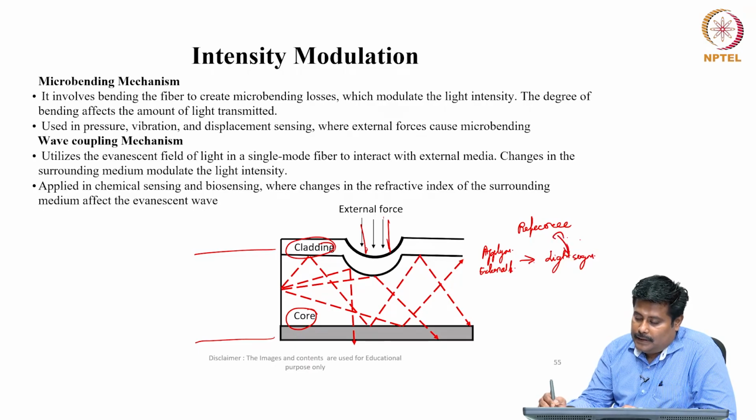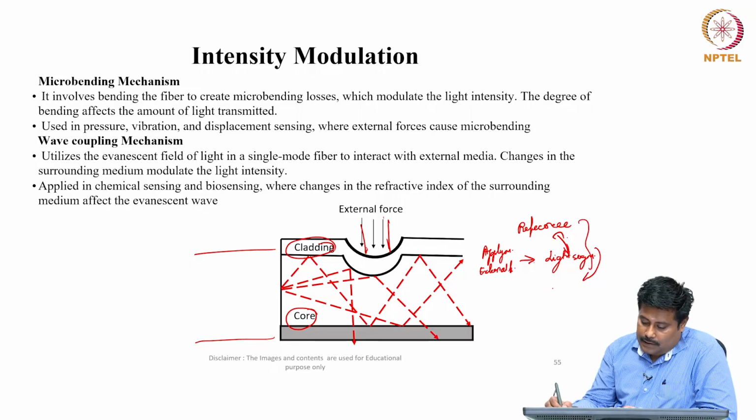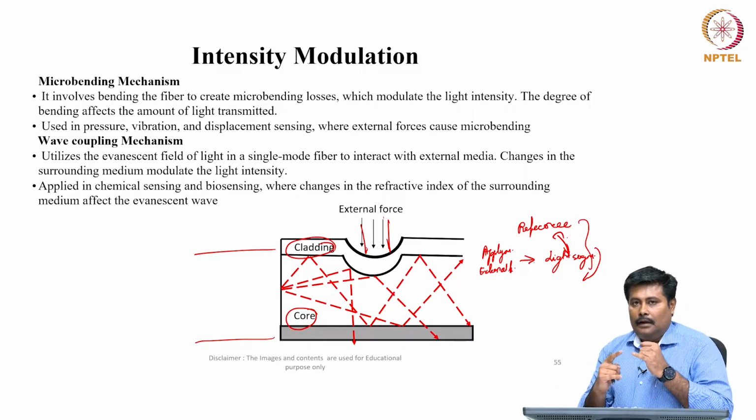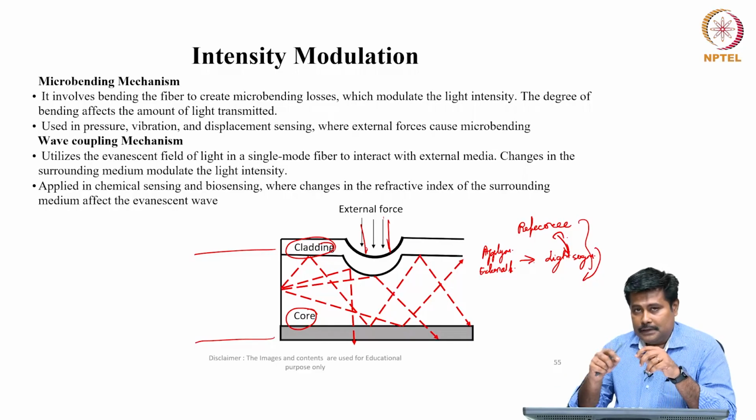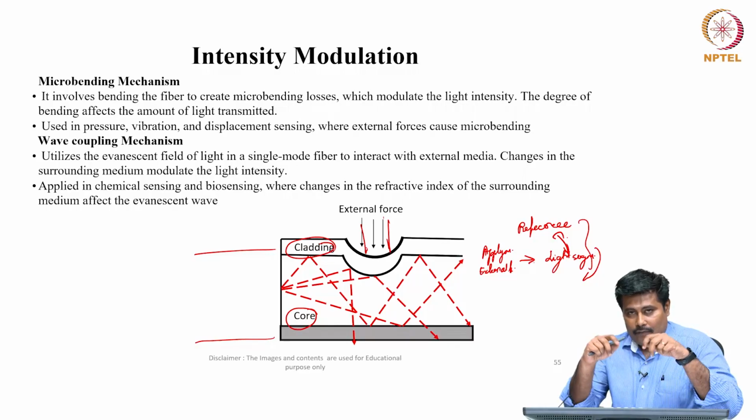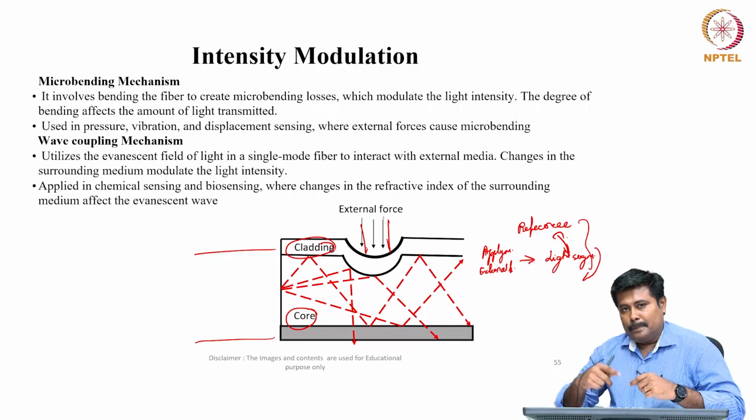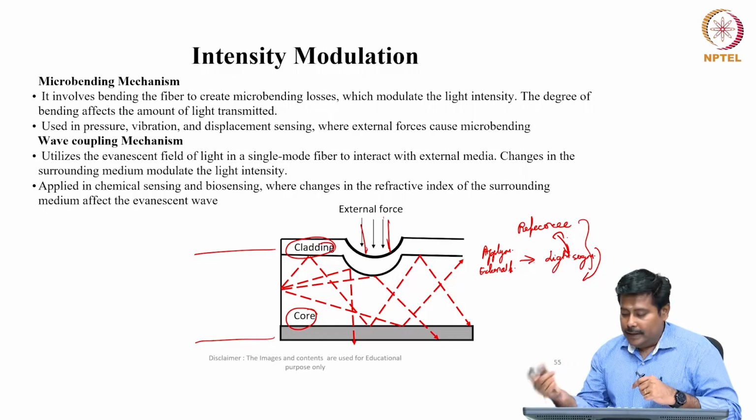The difference between this reference signal and the light signal will give us the amount of force exerted on the optical fiber. If I bend the fiber appropriately, it will have an impact on the intensity system.